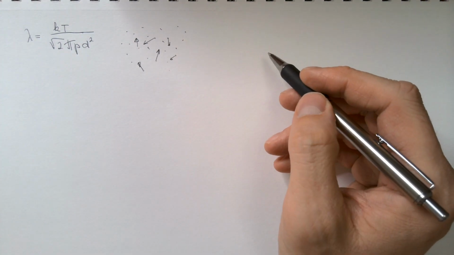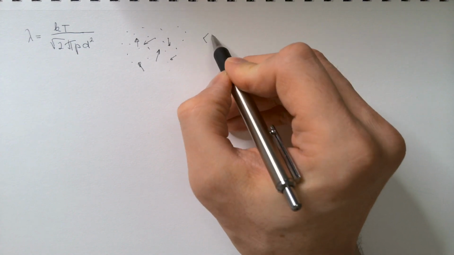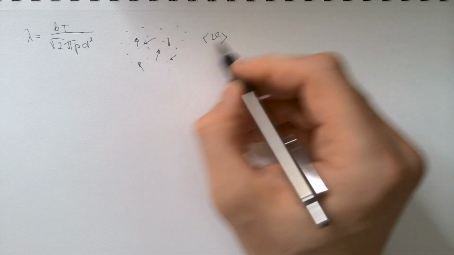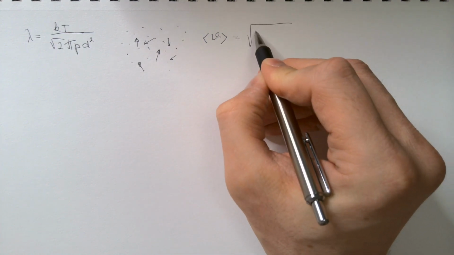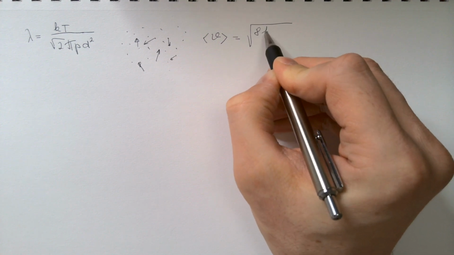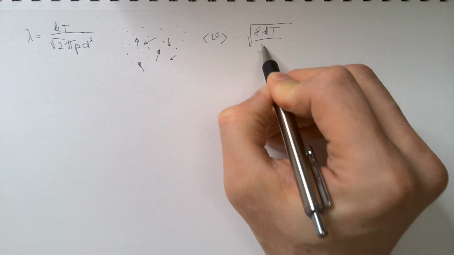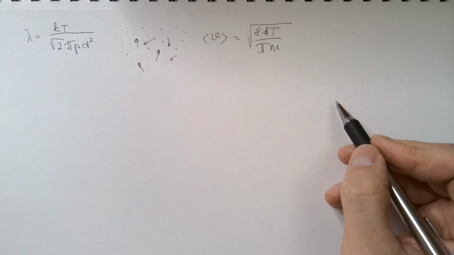Yet in another video, we found that the mean speed of these atoms is equal to square root of 8 times k times T divided by pi m, where m is mass of an atom.